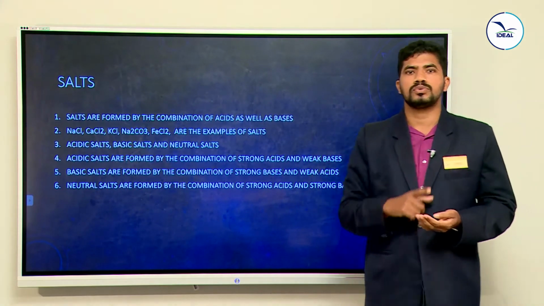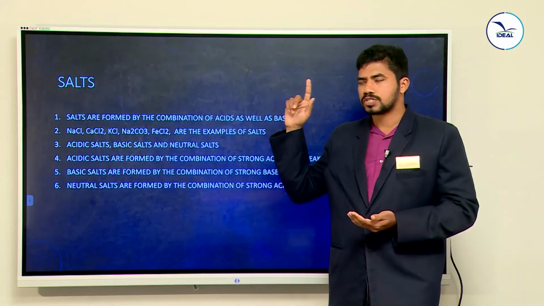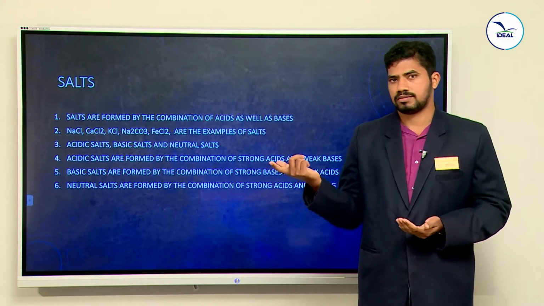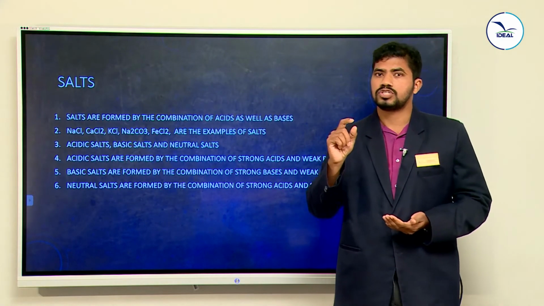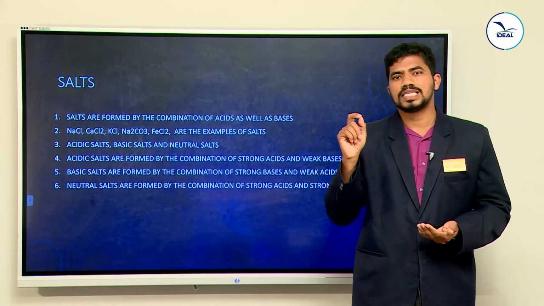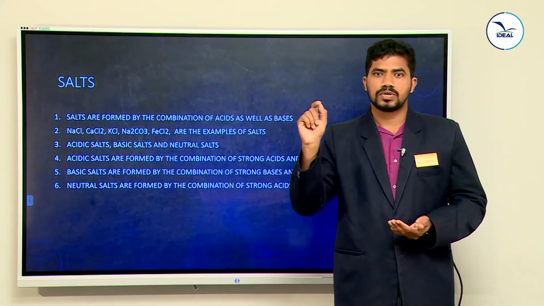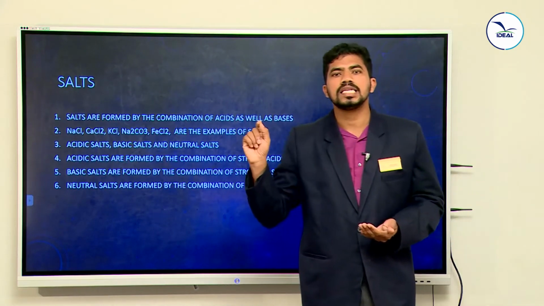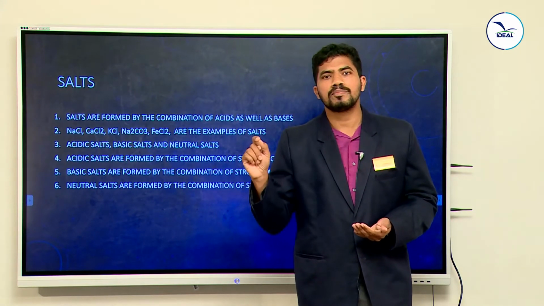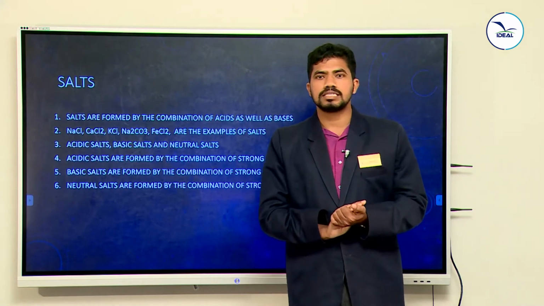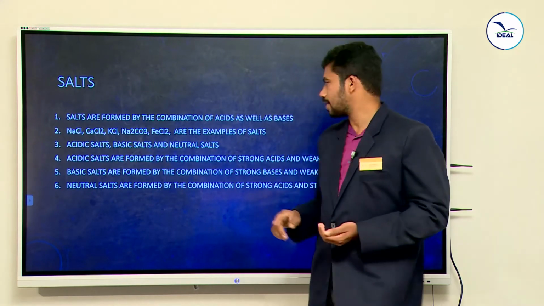And I'm telling you, the pH range of salts may vary. A neutral salt should show a pH of 7, but an acidic salt should show a pH less than 7. But what about a basic salt? It will show a pH greater than 7. Okay?